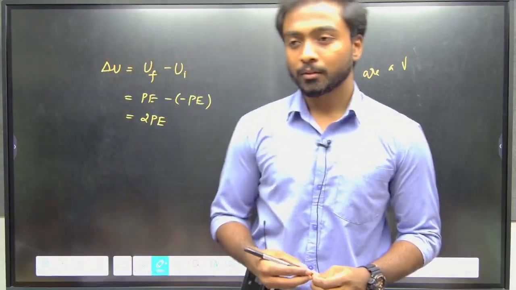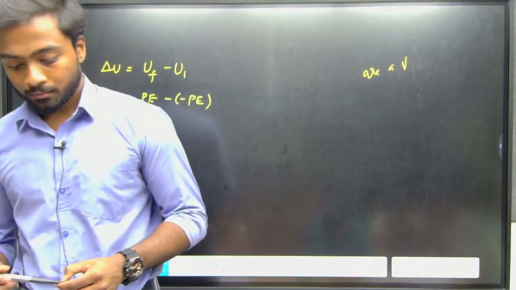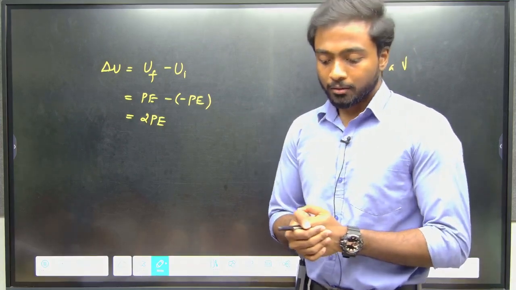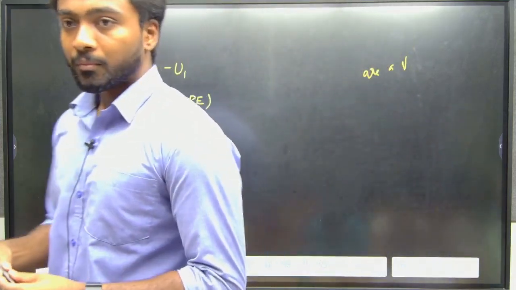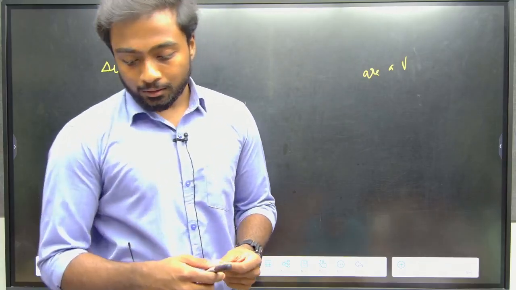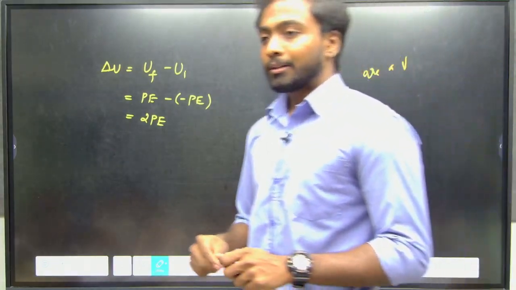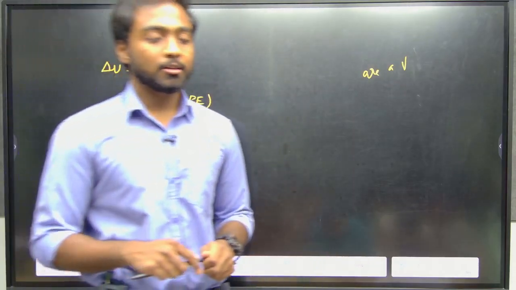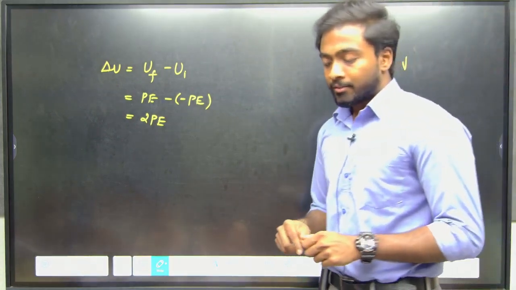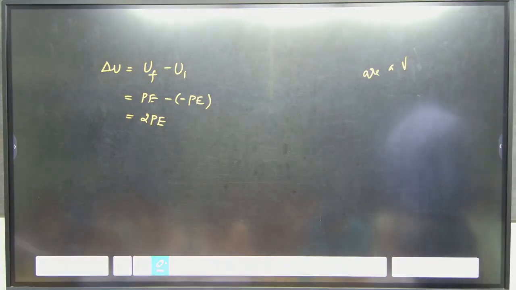Second point, it is a curve drawn in such a way that the tangent to it at each point is in the direction of the net field.